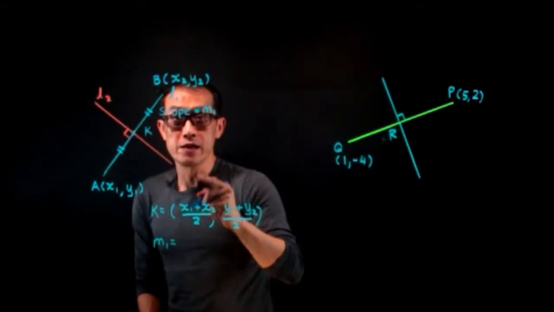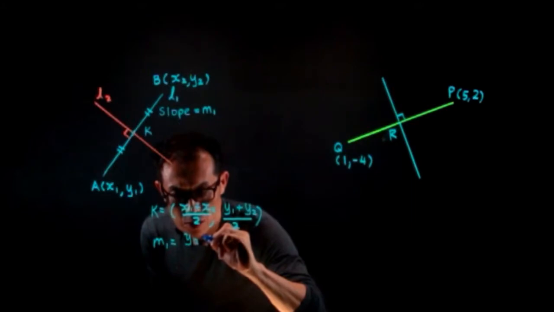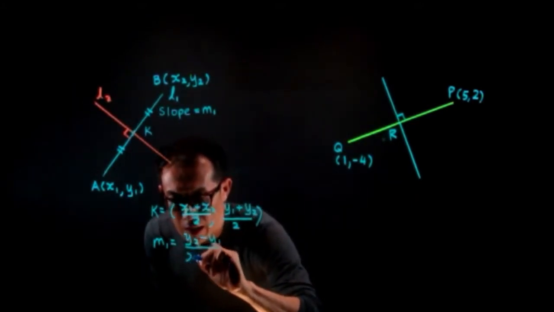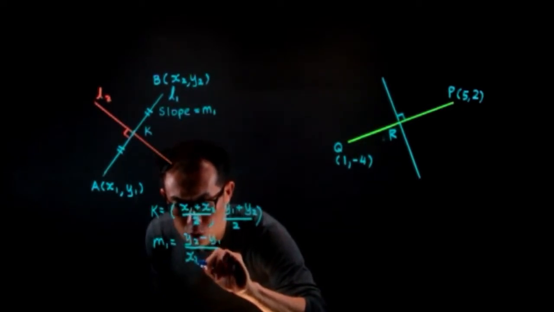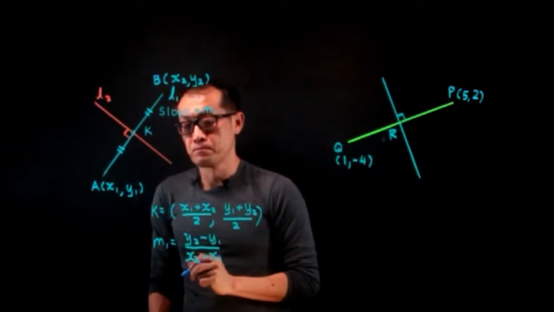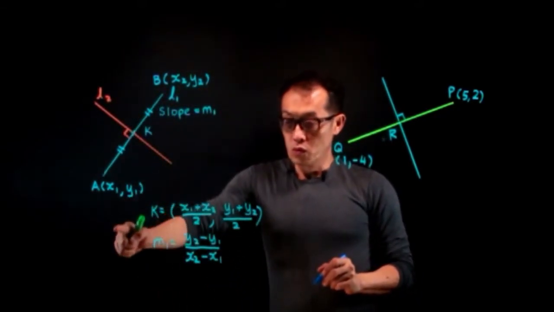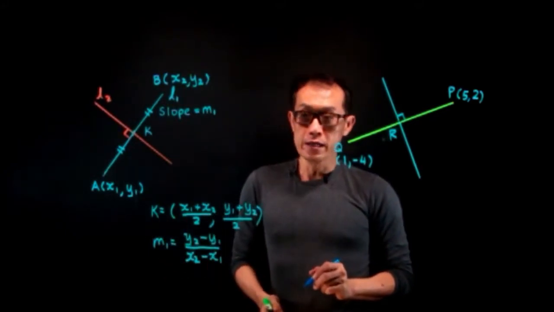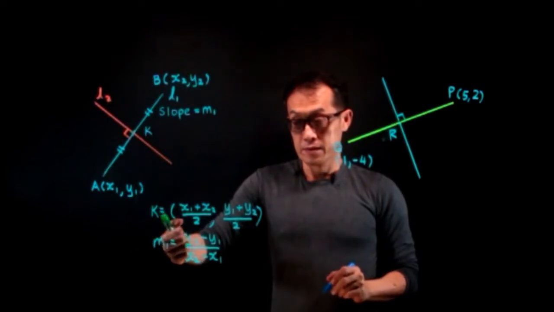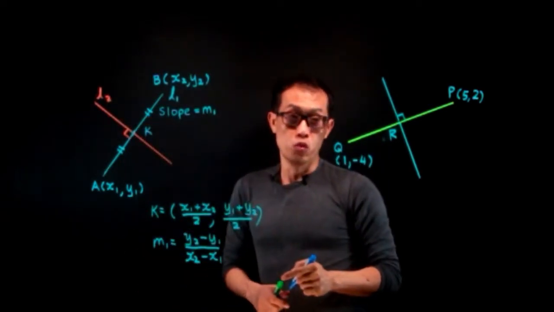M1 is given by the difference in y over the difference in x, so y2 minus y1 over x2 minus x1. Okay? Now, with a point and a gradient, we can determine the equation of L2.